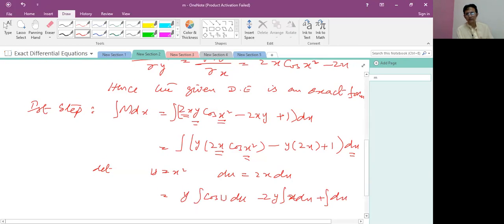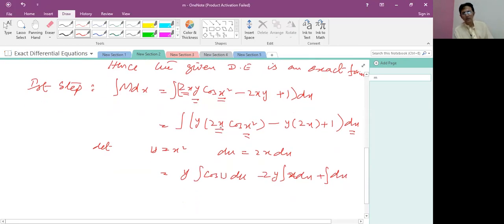In the next step, 2x dx is du, y is kept constant, and cos x^2 means cos u, because u represents x^2. The integral of cos is sin, so y sin u, minus 2y times x^2 upon 2, plus x plus c.